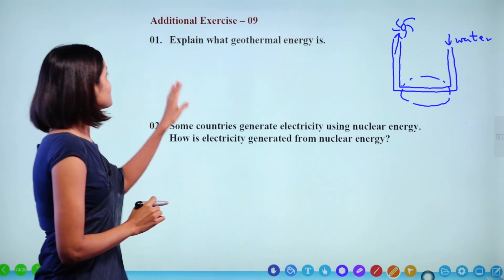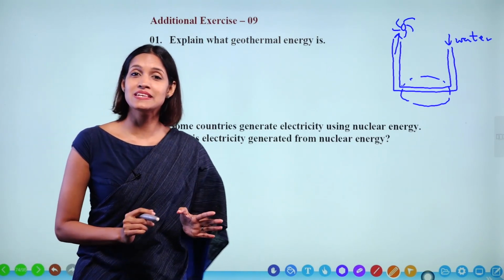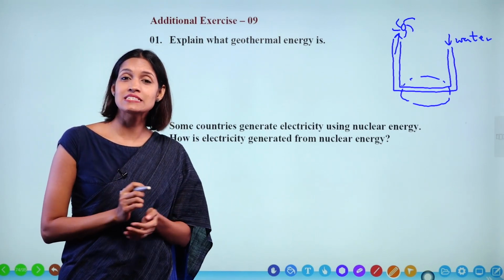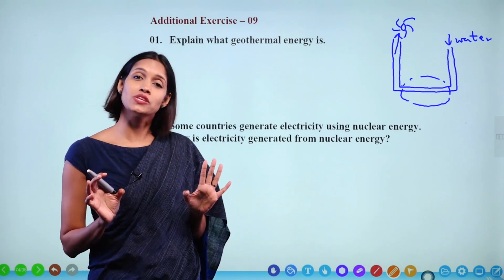Right, children? So explain what geothermal energy is. The high temperature zones present in the inner earth crust is known as geothermal energy.